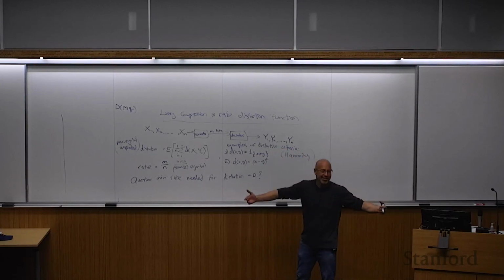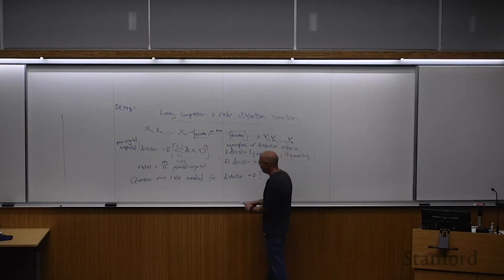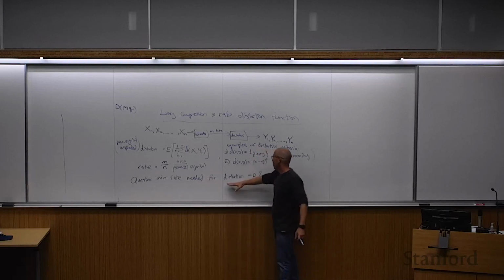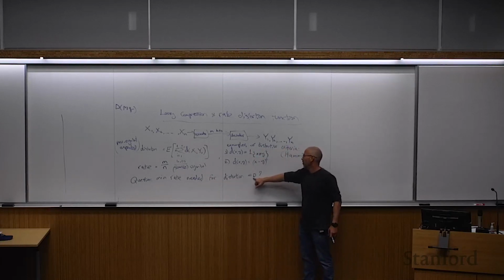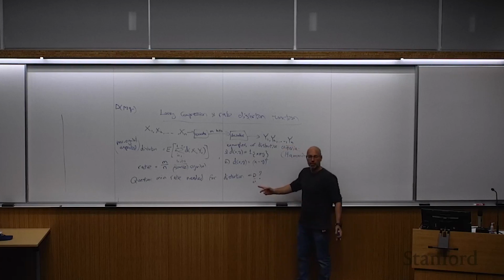And the chorus sings entropy. Exactly. But what is the minimum rate needed if I'm willing to suffer, let's say we're doing Hamming loss, and this D is, let's say 0.1, right?